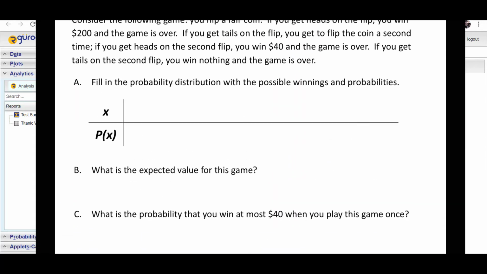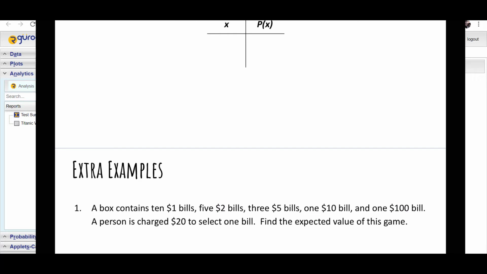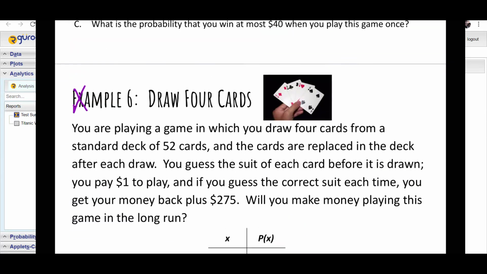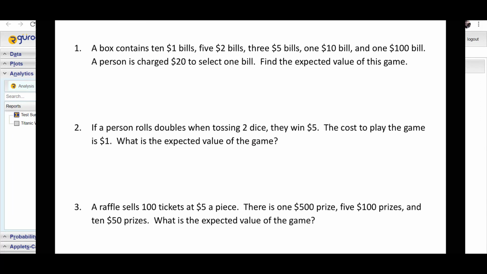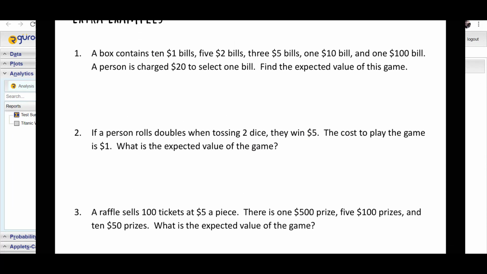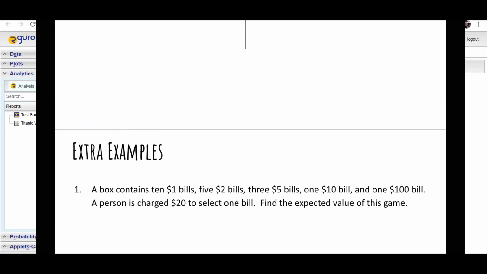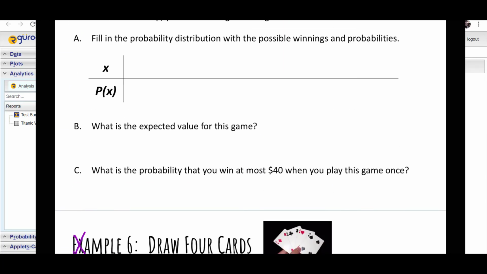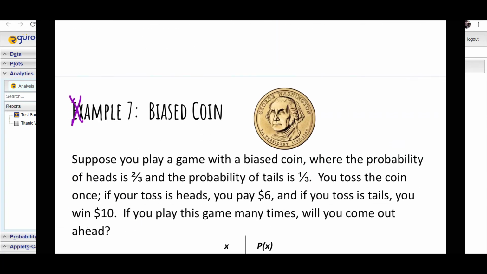These are not as important, but definitely practice example 4, and then if you scroll past examples 5, 6, and 7, you could try these extra examples here at the end.